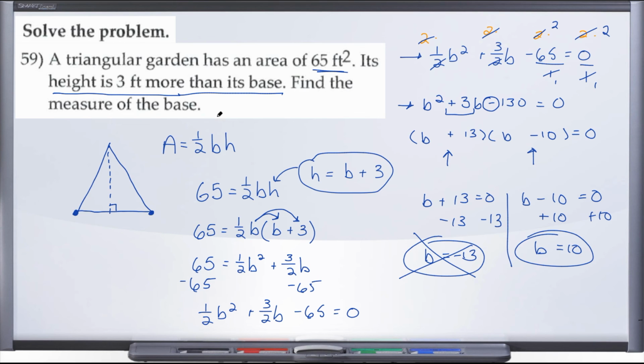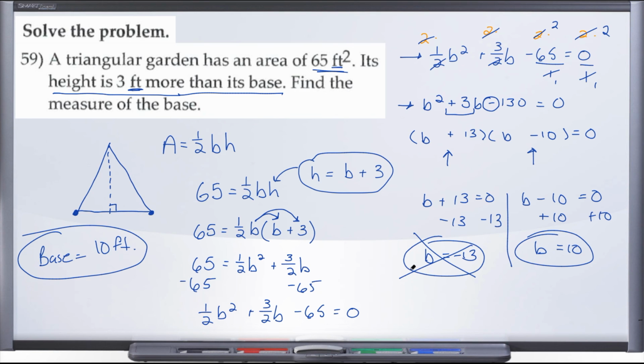So find the measure of its base. Well, the base, or b, is 10, and we were working with what? We were working in feet, so 10 feet. All right, and you can actually go ahead and plug that in to check, to make sure your answer is correct, right? If the base is 10 feet, we know that the height is 3 feet more than that.